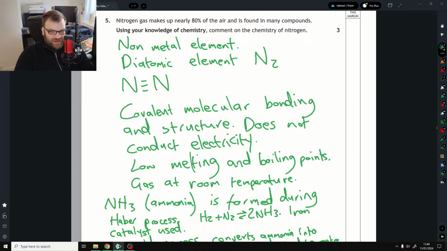I can't think of any other piece of information we could put at the moment. There might well be. All we have to do is give a good answer to get all 3 marks. A reasonable answer would get you 2, and a limited answer would get you 1. So hopefully this would be enough to pick up the whole 3 points.